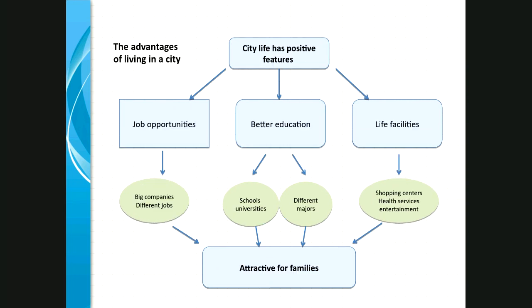All right, so for our question, the advantages of living in a city, we have just placed some information here. Okay, we included some of our details that we want to talk about in our paragraph. And here at the topic sentence, we have written, city life has positive features.